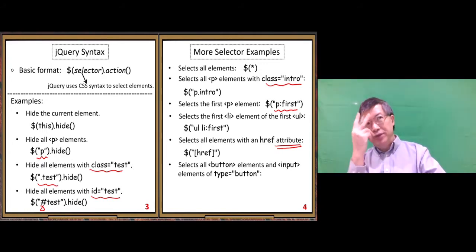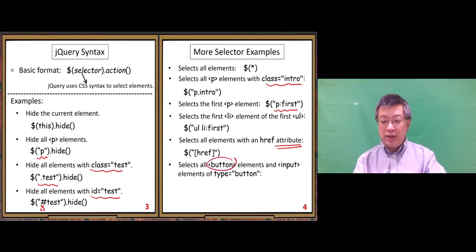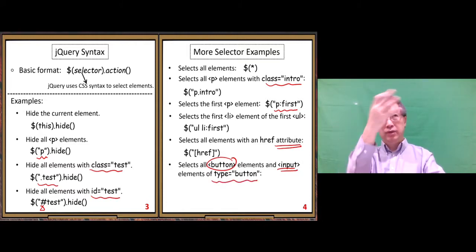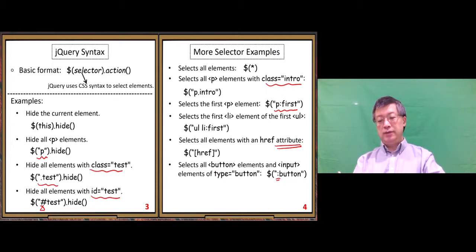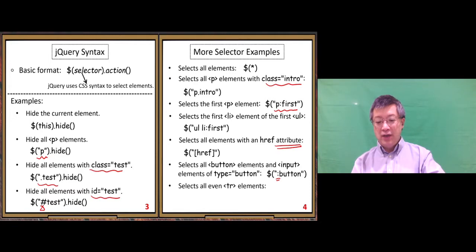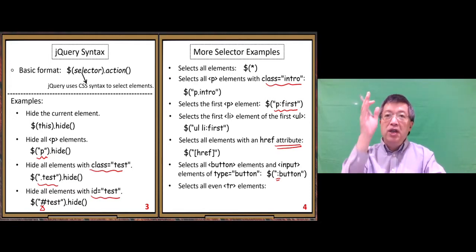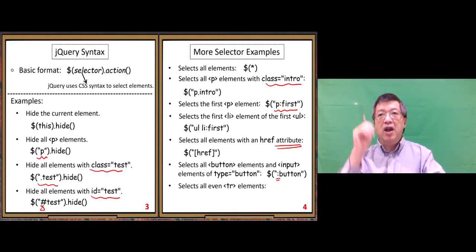When we create a button, we have two ways: one way we use the button element, another way we use the input element with type button. In those two ways, we use the dollar, double quotes, colon button to select those elements. The last one of this part: select all even TR elements.